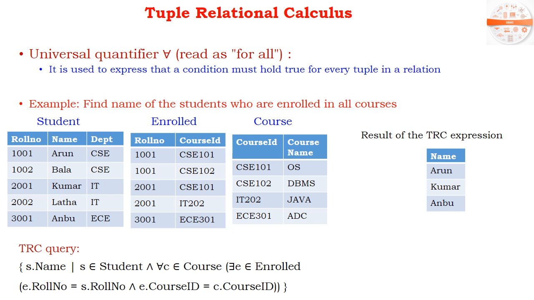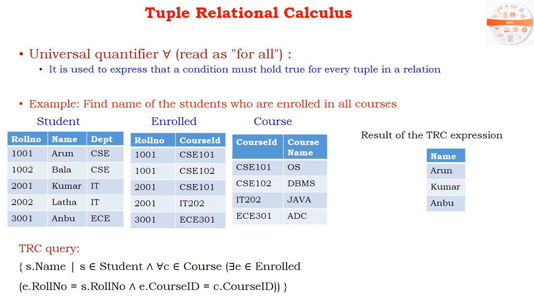Next, Kumar, the roll number is 2001. It matches the enrolled roll number. So he registered two courses, CSE 101 and IT 202, which again match the course ID. So CSE 101 means OS and IT 202 means Java. And then Lala, 2002, is not matched with enrolled.